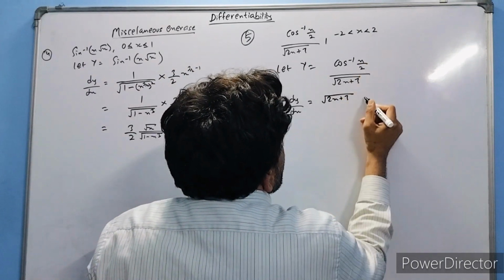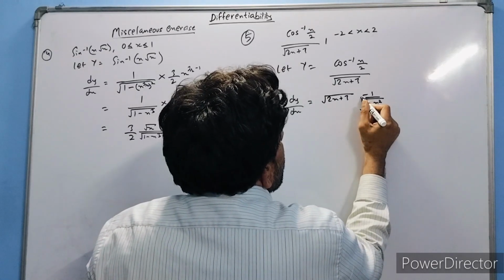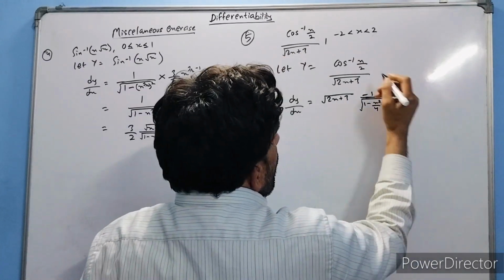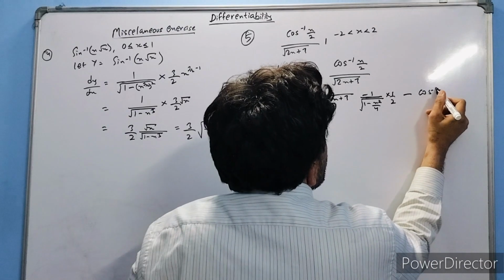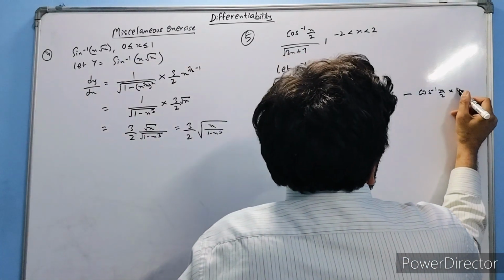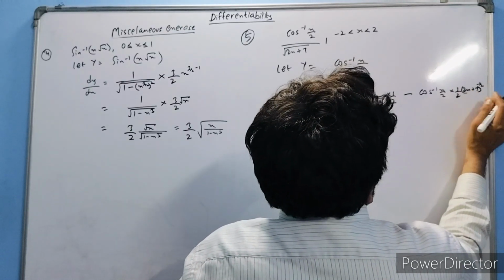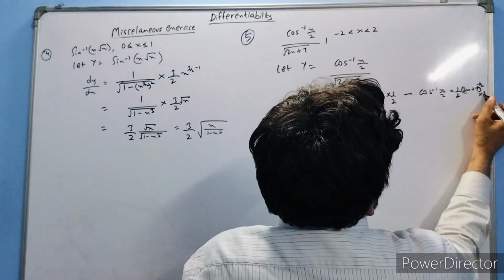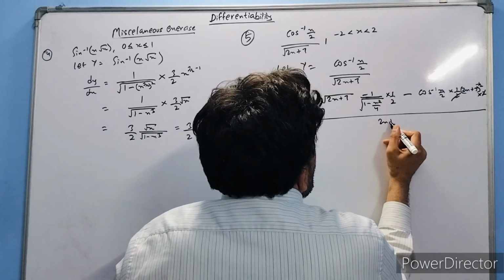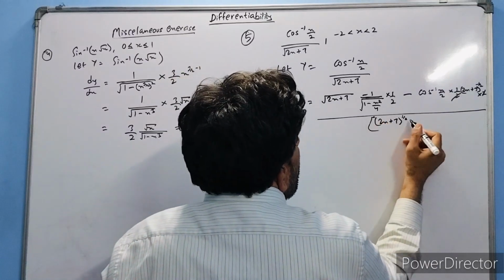So dy by dx of this will be minus 1 upon under root 1 minus x square by 4, into differentiation of x by 2 which is half, minus, now we'll leave as it is cos inverse x upon 2, and differentiation of this will be half into 2x plus 7 to the power minus half, and differentiation of this will be into 2. So it will be reduced, upon we have 2x plus 7, and now it will take square.